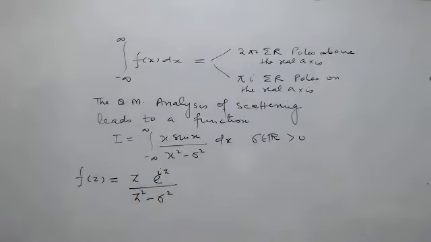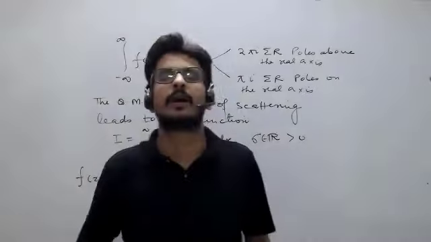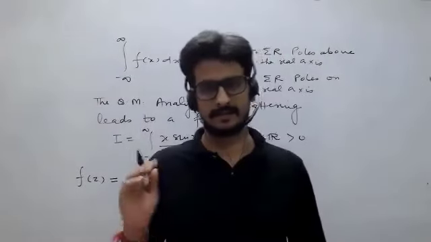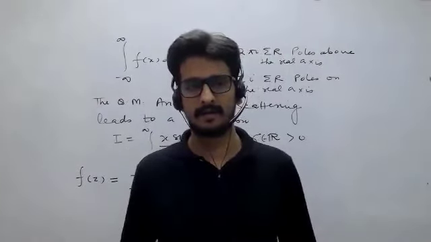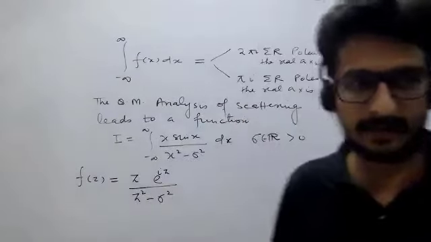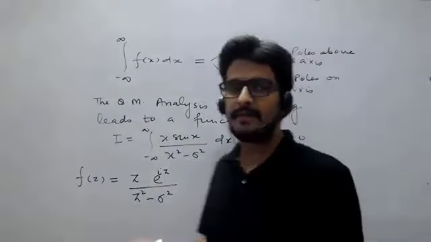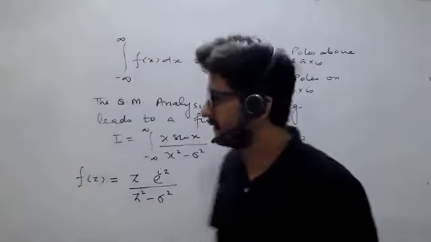I told you that for sin x we have to write e to the power iz, and for cos x also we have to write e to the power iz, and then we take real or imaginary part accordingly. So what we will take in this question, real or imaginary? Imaginary, okay, very good. So you remember that we have to take imaginary.